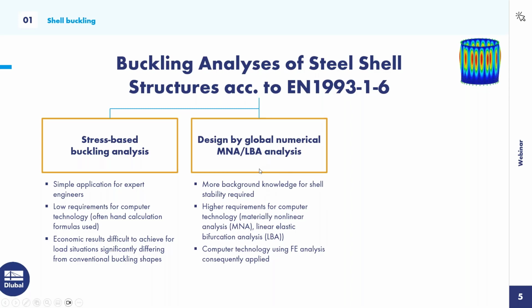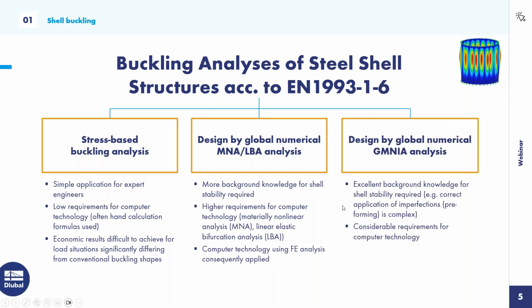In the next example, there's more background knowledge necessary. The computer should be able to do an MNA and an LBA analysis. RFEM can do that, and we will do that with the program.